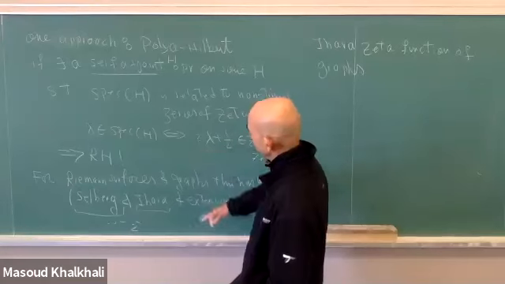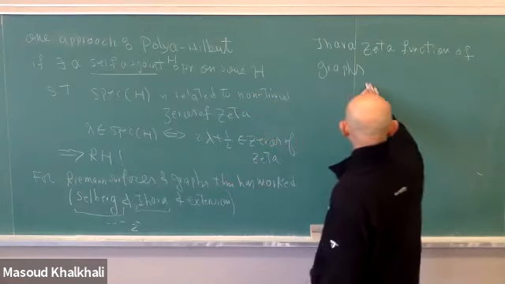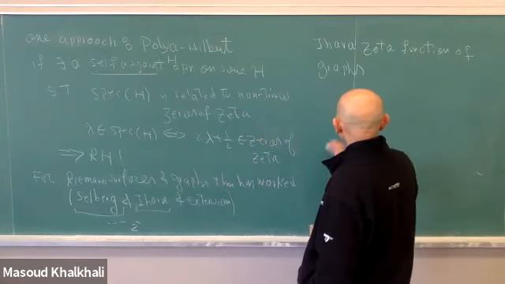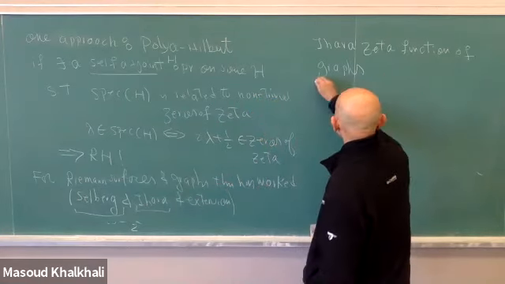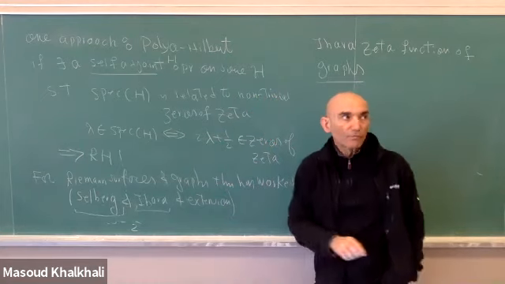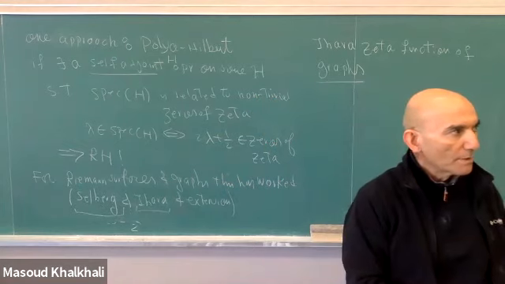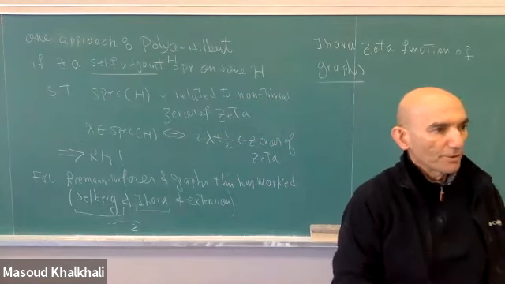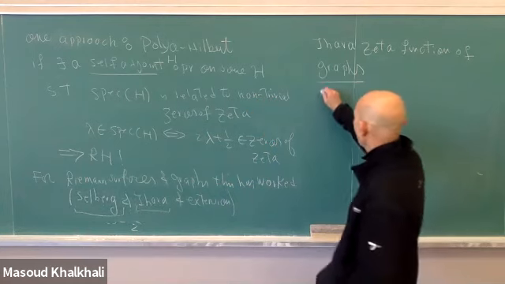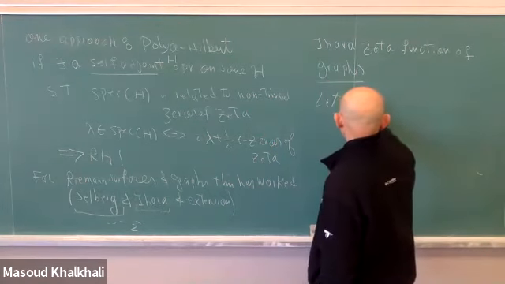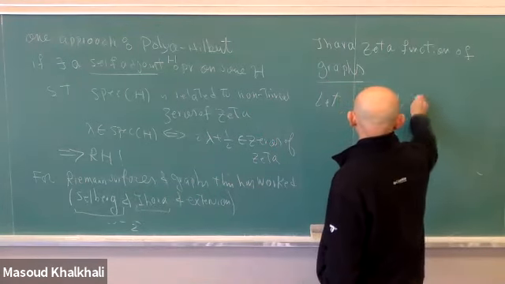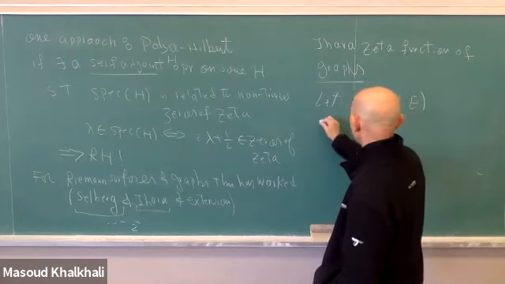So this is the philosophy here. So now let me just do this. Zeta functions of graphs. Okay. So what we're going to do now is the following. Take a finite graph.